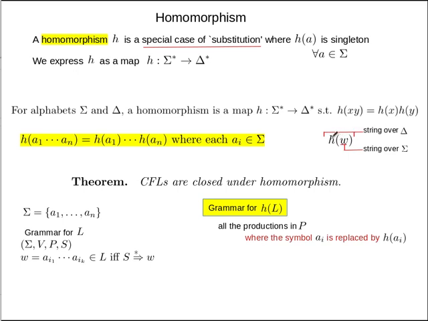So you can say it's a special case in the sense that the language is a singleton set. We do not think of this as a language or a set; we just take it as a map from a single string to a single string. So h of this string is a string over delta, and the map is now from sigma star to delta star.